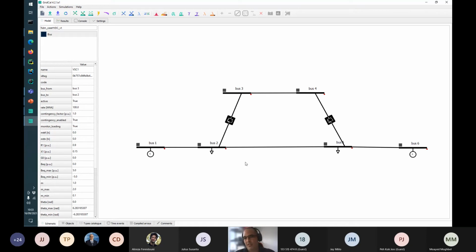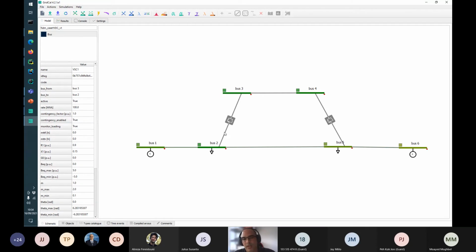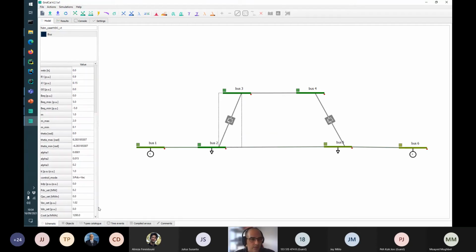So there was a massive effort to make it faster, and that allows me to have this very simple grid. Now it's compiling all the routines, but we have this VSC, and we can have a lot of control modes. For instance, this one is controlling the power on the DC side and the voltage on the AC side. The power on the DC side is 0.2.